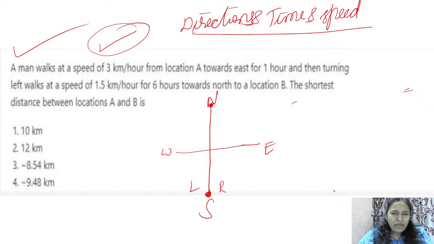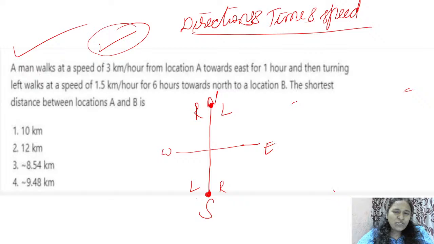If we are coming from north to south, this will change, right? We have to imagine we are in the north direction and we are coming towards the south direction. Then what is our right? Our right will become our left, and left will become right. This is just opposite to the south.